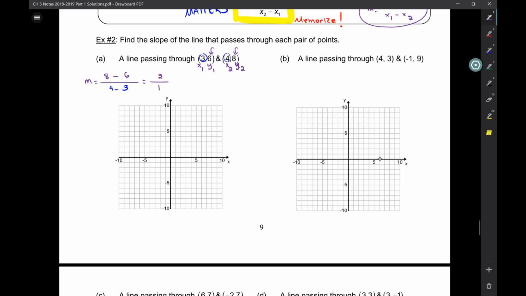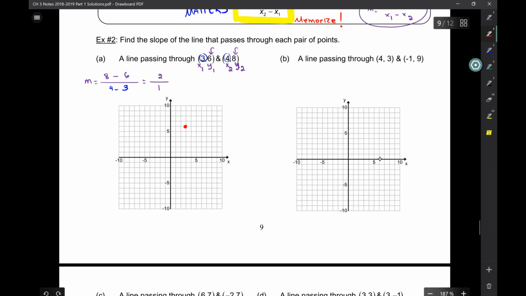Now, how are we going to graph this? First let's put in one of the points. When x is 3, y is 6. When x is 4, y is 8.